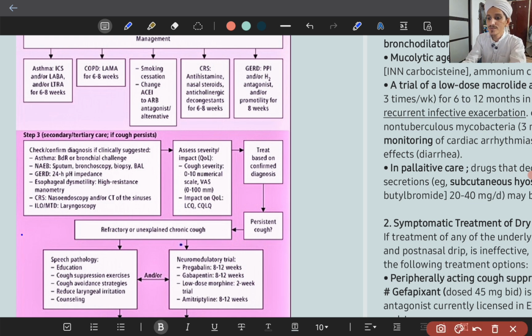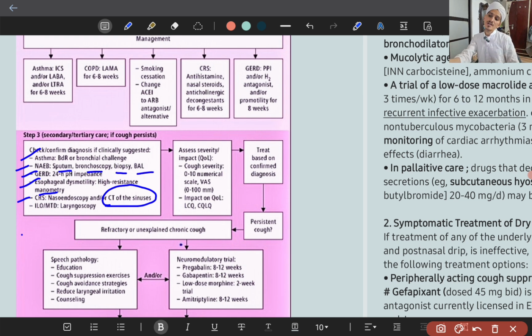Again you should confirm asthma, confirm GERD, confirm esophageal dysmotility, any dysphagia by manometry. For post-nasal drip you refer to ENT, or you do a CT scan of the sinuses, and you suspect non-allergic, non-asthmatic eosinophilic bronchitis. For that, sputum, bronchoscopy, biopsy, bronchoalveolar lavage we do.